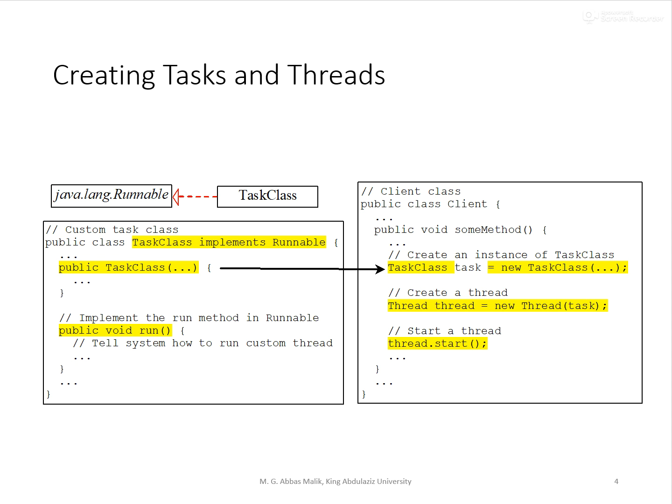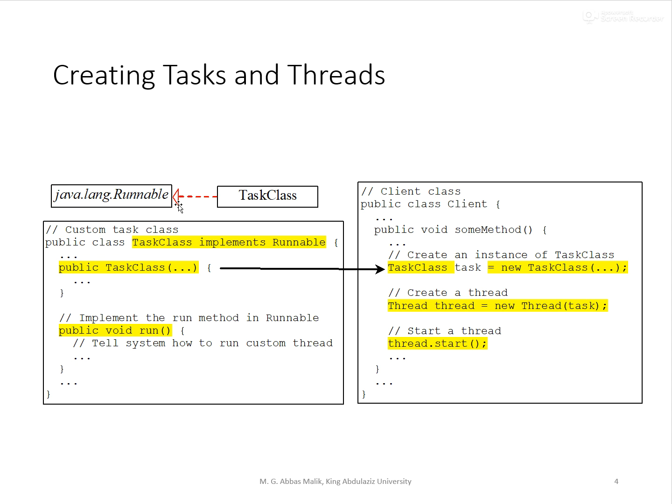So in the Java API, we have an interface called Runnable. In order to take more control over how many threads, or in order to actually divide the code of your application into multiple threads, you have to implement this interface called Runnable.